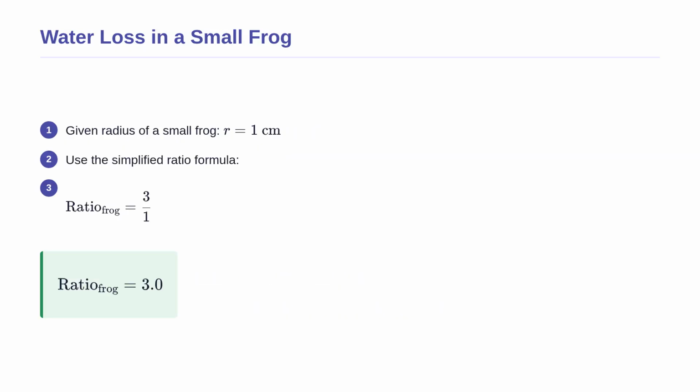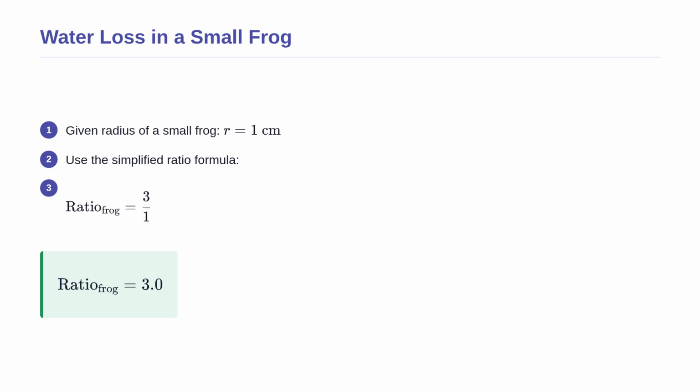Let us apply this ratio formula to a real-world scenario, starting with a tiny amphibian. We will model a small frog as a sphere with a radius of exactly 1 centimeter. We want to find its surface area to volume ratio to understand its risk of drying out. We take our simplified formula, where the ratio equals 3 divided by r.